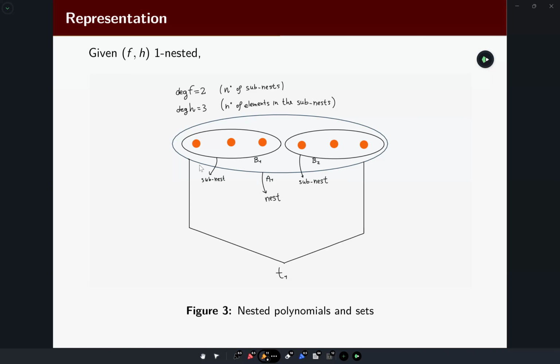And of course, we want the cardinality of each set to equal the degree of the inner polynomial, so 3 needs to be equal to 3, and the bigger set needs to have the same cardinality as the composition of the two polynomials, which means 6 needs to be equal to 3 times 2, which is 6.